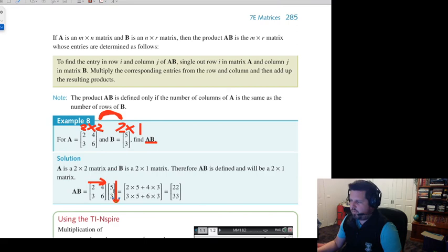And then in the second row of the resulting matrix, we go across this second row. There's only one column, so you don't have to move around. This one is going to be 3 multiplied by 5 plus the 6 multiplied by 3. You can see it is a 2 by 1 matrix. That is the result.